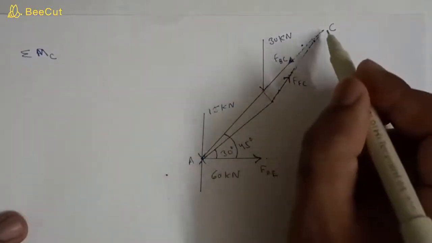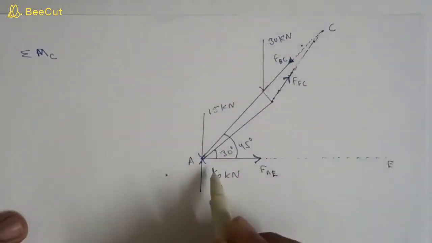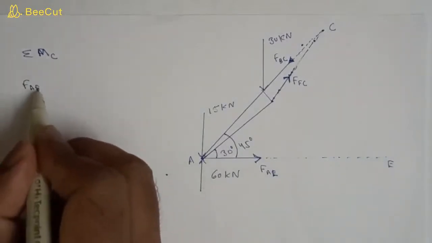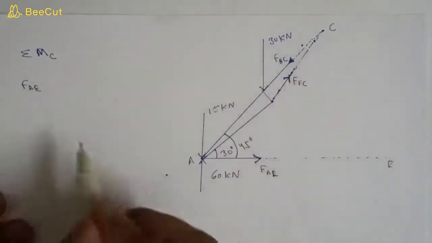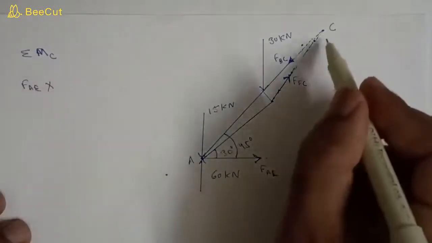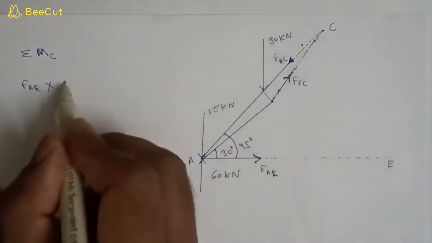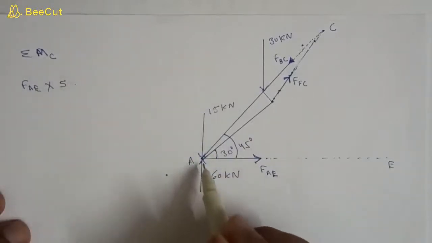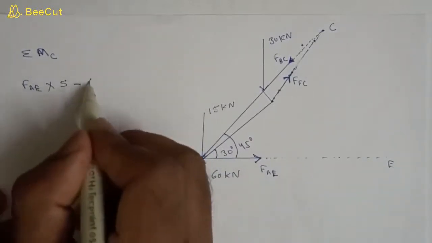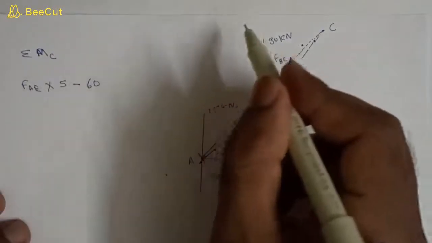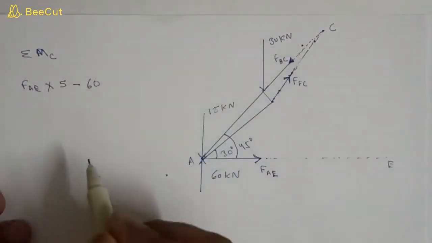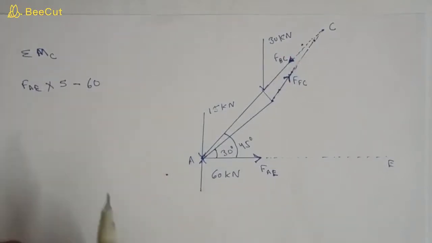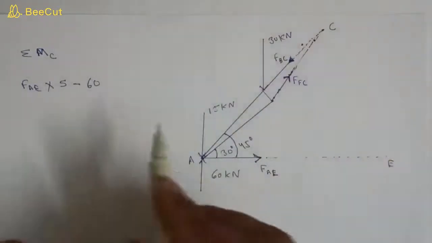So if we take moments about point C equal to 0, then we get FAE counterclockwise into this distance, which we have found to be 5 meters, and then due to this reaction of 60 kN it will be counterclockwise. Sorry, due to this 60 kN it will be in the clockwise direction, so it is opposite to this.